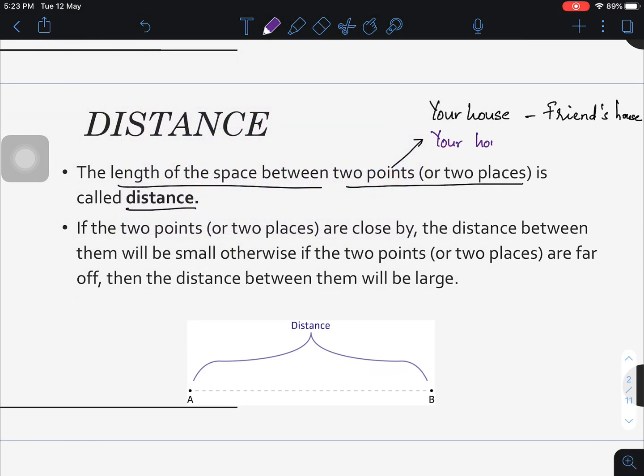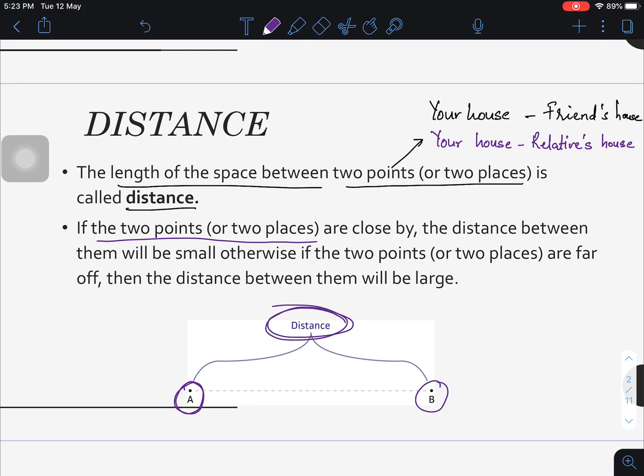And the second case was your house and your relative's house. Again you can see that there are 2 points, this is A and this is B. The length between these 2 points is distance.